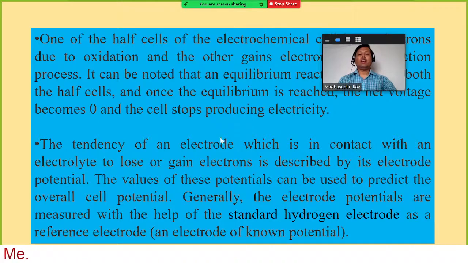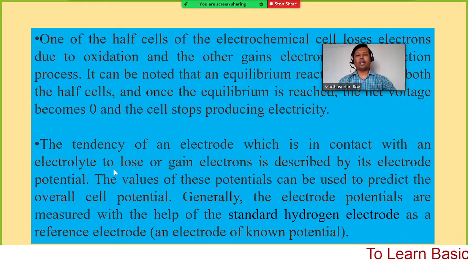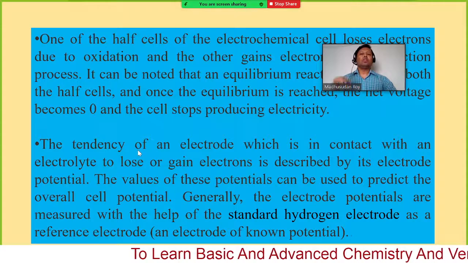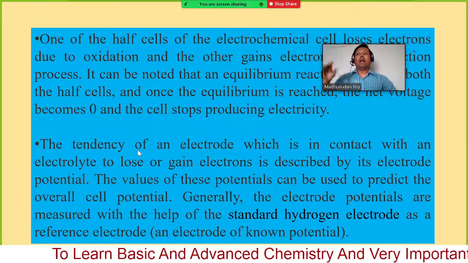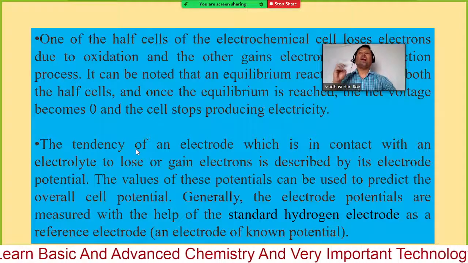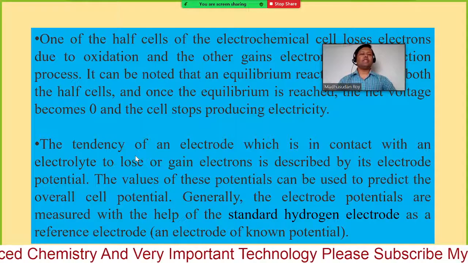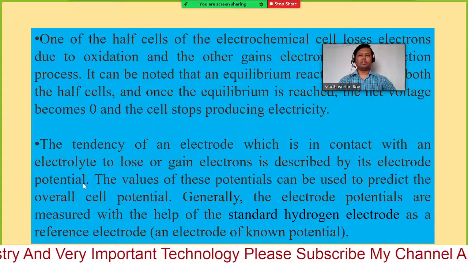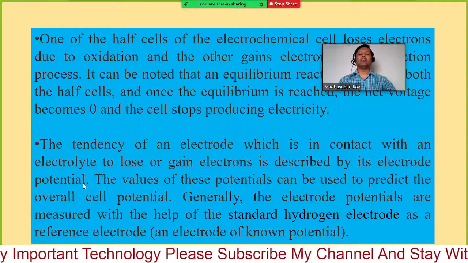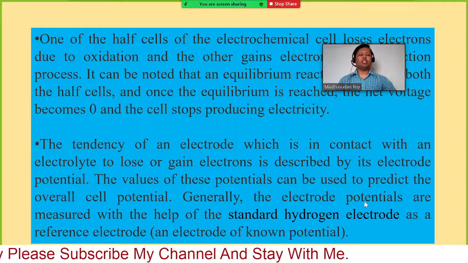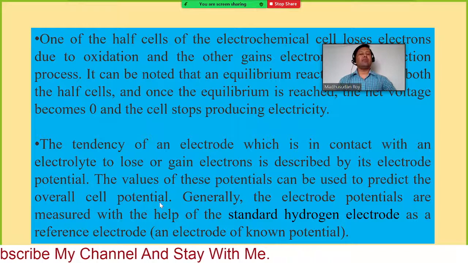The tendency of an electrode which is in contact with an electrolyte to lose or gain electrons is described by its electrode potential. How fast the electron can be donated or accepted by the electrode is known as the electrode potential. The values of this potential can be used to predict the overall cell potential.